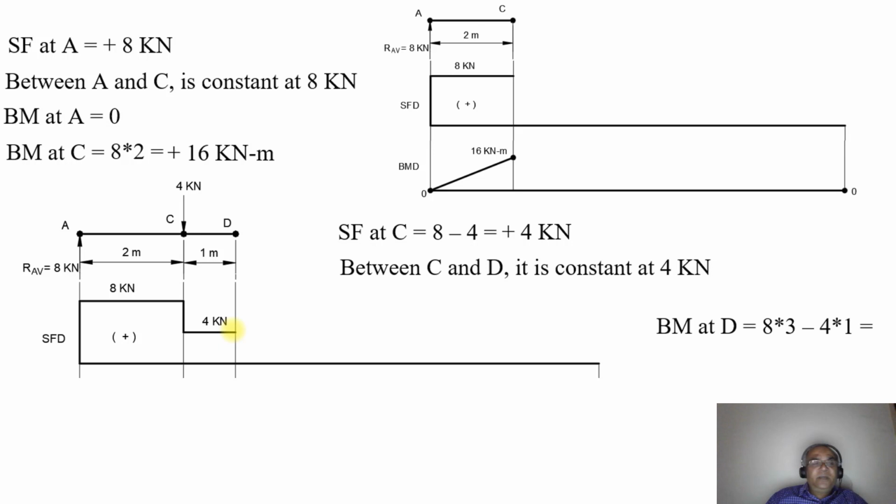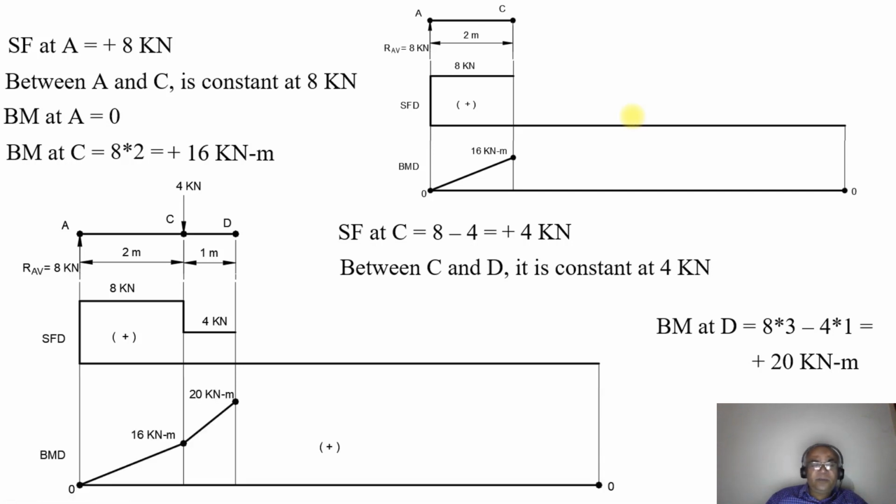BM at D will be equal to 8 into 3 minus 4 into 1, which is plus 20 kilonewton meter. So again from here, it goes upward to plus 20 kilonewton meter. That is how you get 16 kilonewton meter first, and then from there it rises to 20 kilonewton meter.